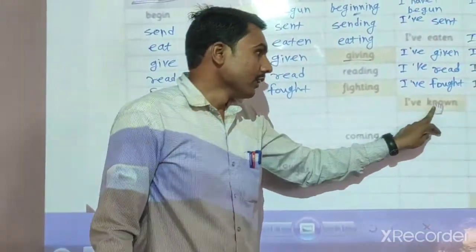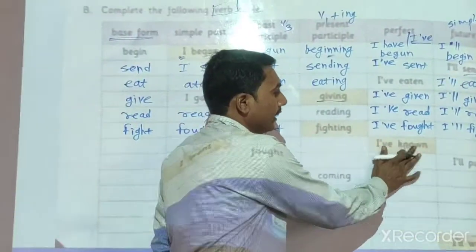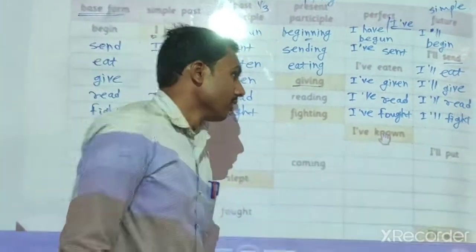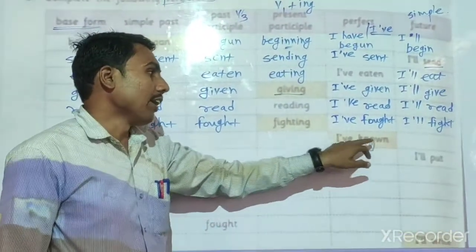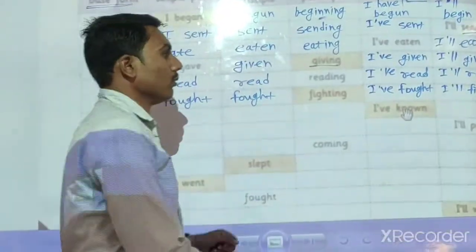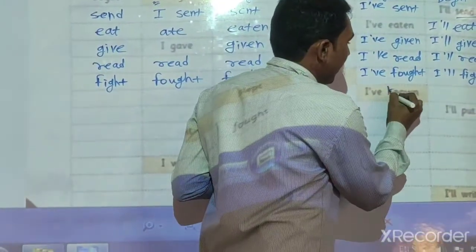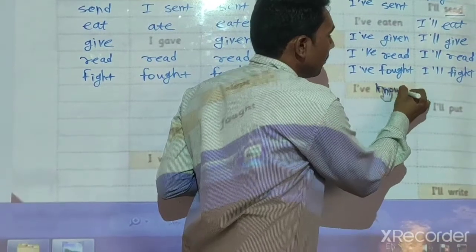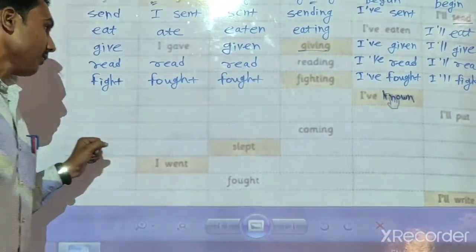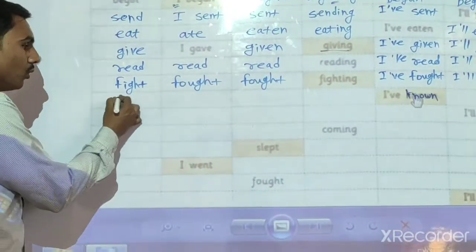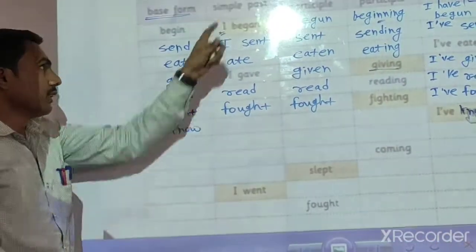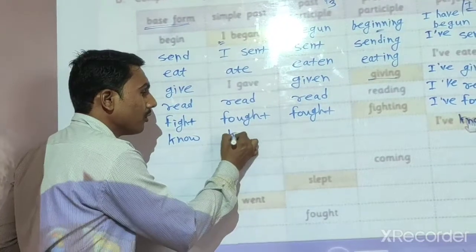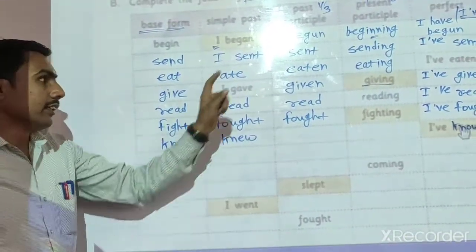Verb is given no. Okay. No, sorry. Verb present perfect tense. I have known. K-N-O-W-N. Known. Okay. First form know. Second, simple past tense, knew. Then known.